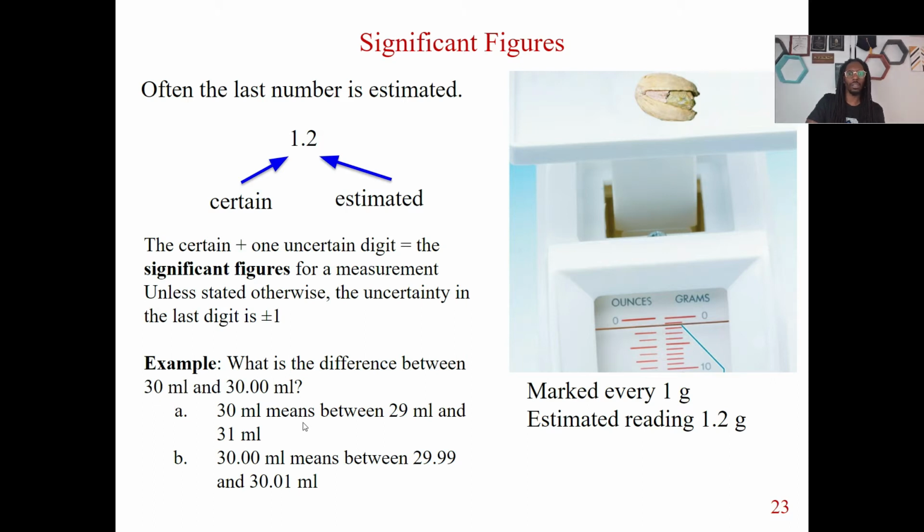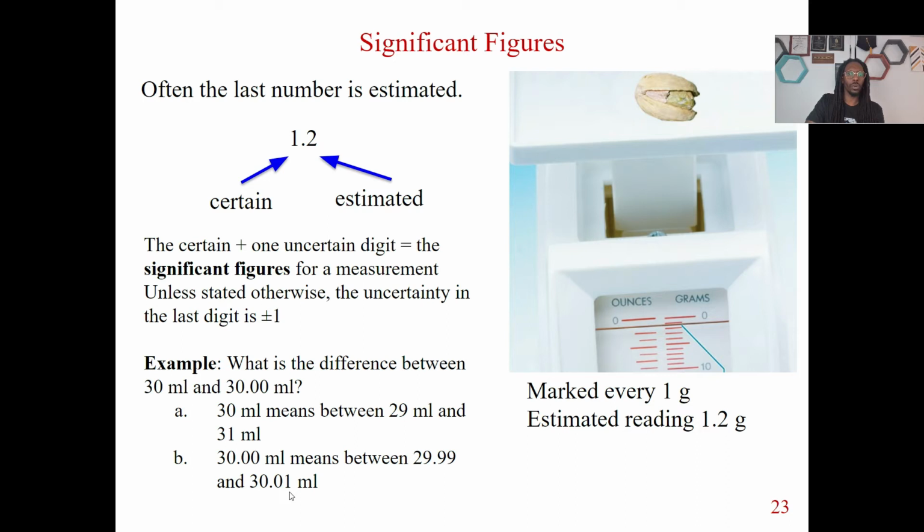it's only 2 digits. This means I'm going up and down by 1, from 29 milliliters to 31 milliliters. Because it's 2 decimal places over for 30.00, if I go down, it's going to be 29.99, and if I go up, it's 30.01.